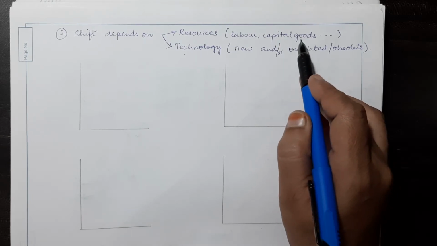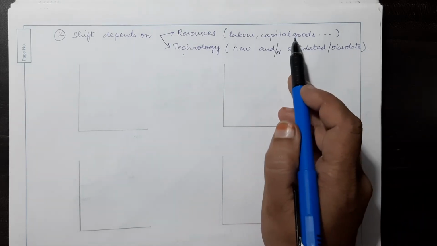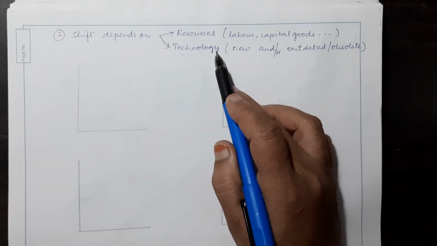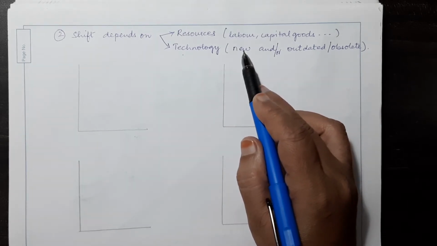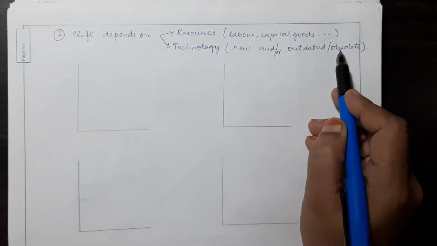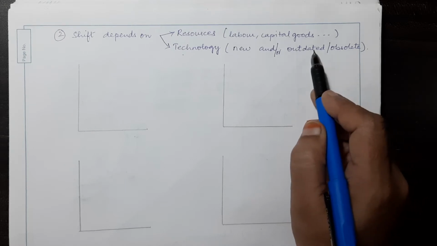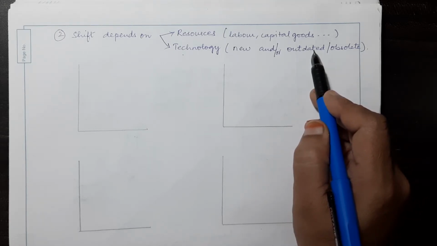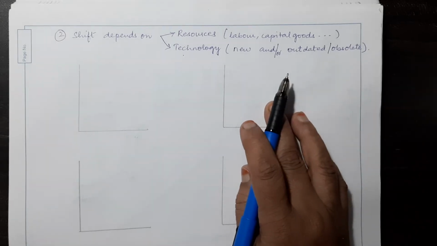These are used to produce goods: machines, tools, etc. Then technology. This technology can be very new. If it is new, we can produce more units of goods. Or it can be outdated, or obsolete. In economics, we call them obsolete. Obsolete means outdated technology. If the technology is outdated, we will produce less of the goods.